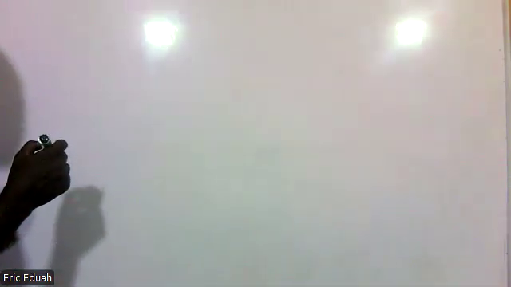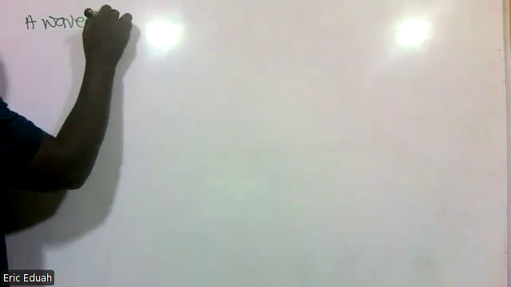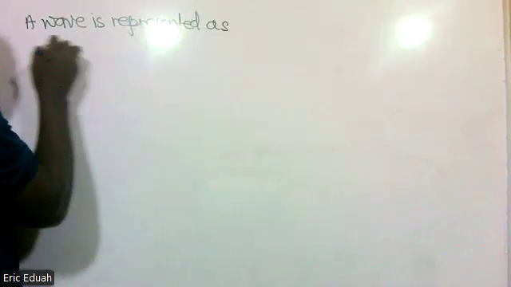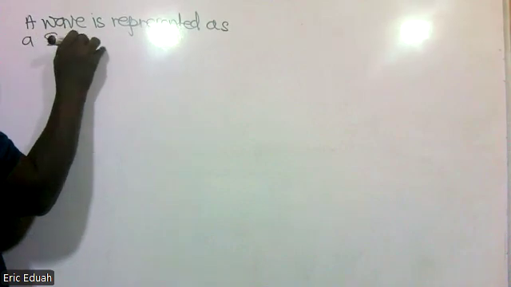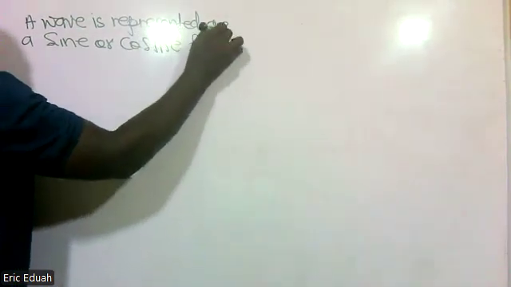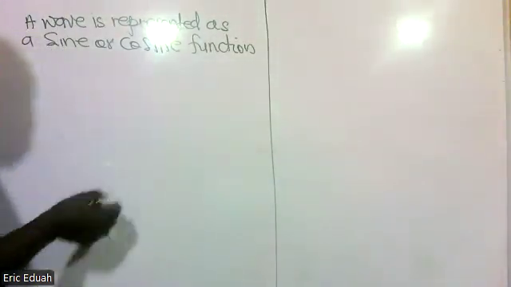So if we want to use something to represent a wave, we represent a wave using a simple harmonic function. So a wave is represented as a sine function. Let me also use cosine function, because both sine and cosine functions are harmonic.